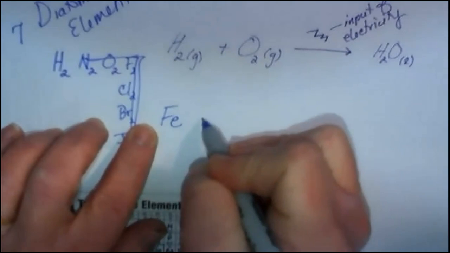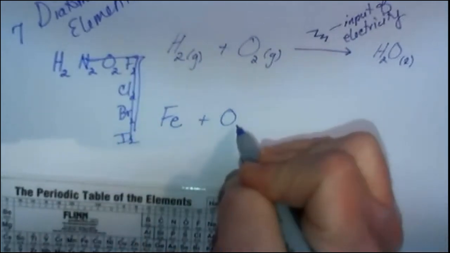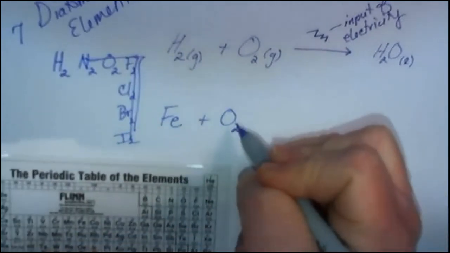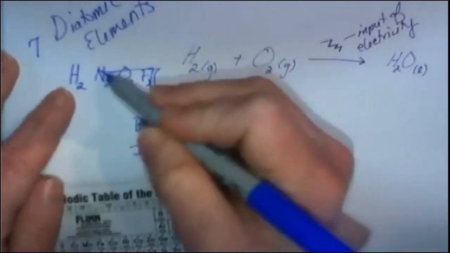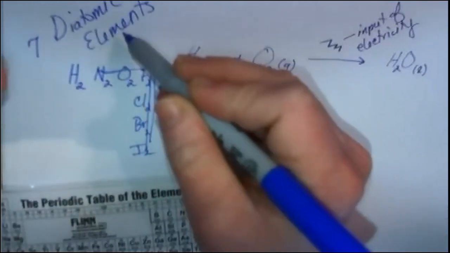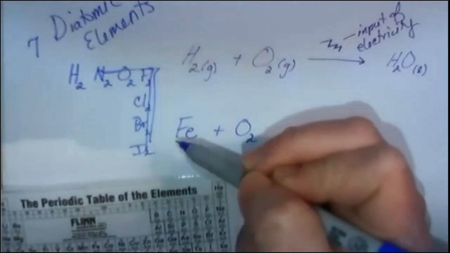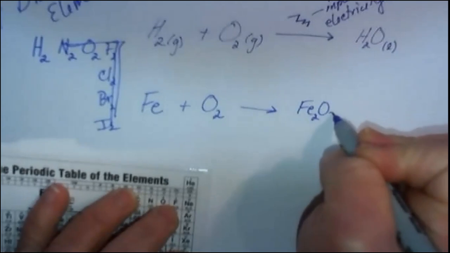So iron exposed to oxygen. Oxygen's one of our diatomics, so we would write it as O2. Even though they're chemically bound, they're covalently bound, they're compounds, we say they're the element form of these 7. And then we form Fe2O3.